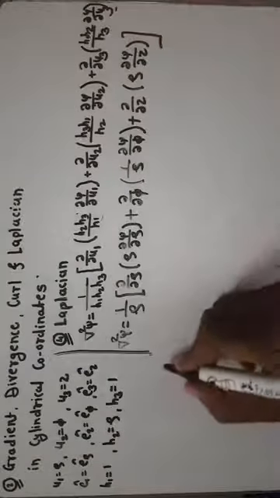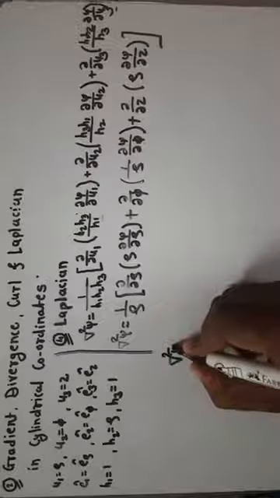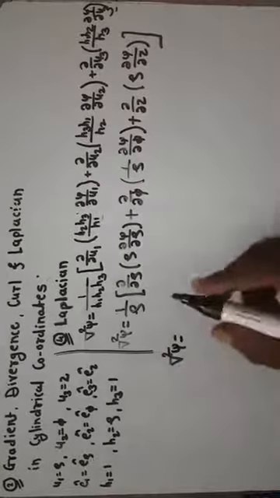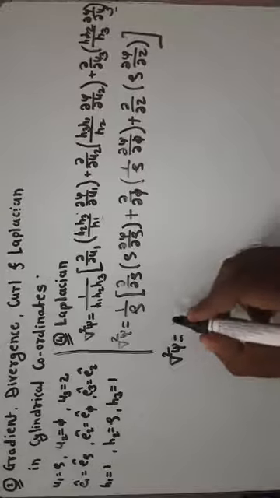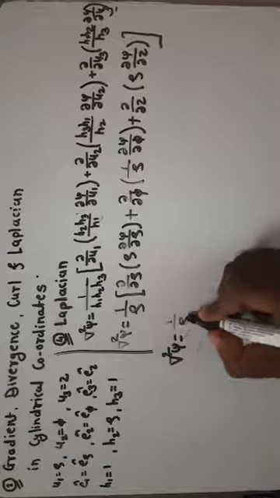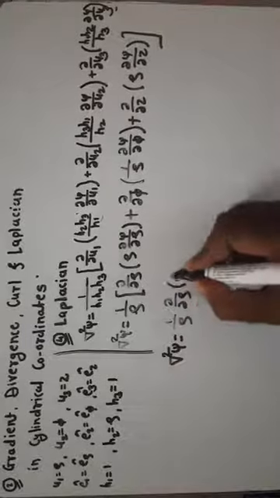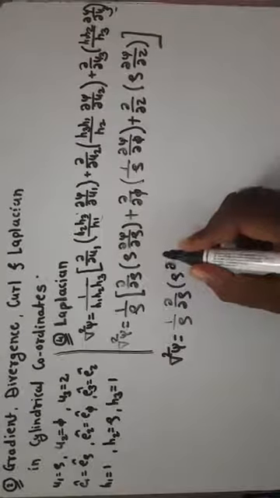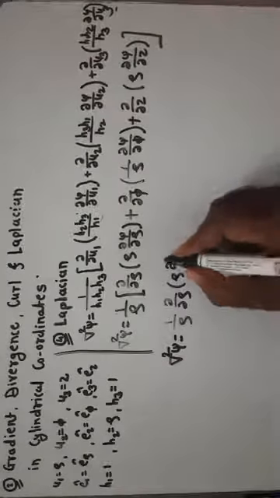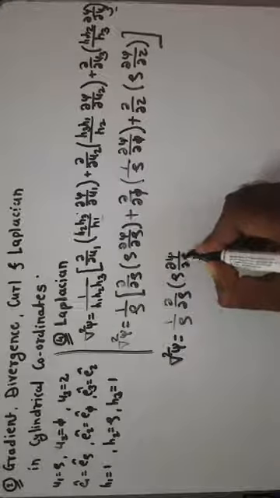Okay, that means Laplacian del square psi is equal to 1 by rho dou by dou rho, dou psi by dou rho.